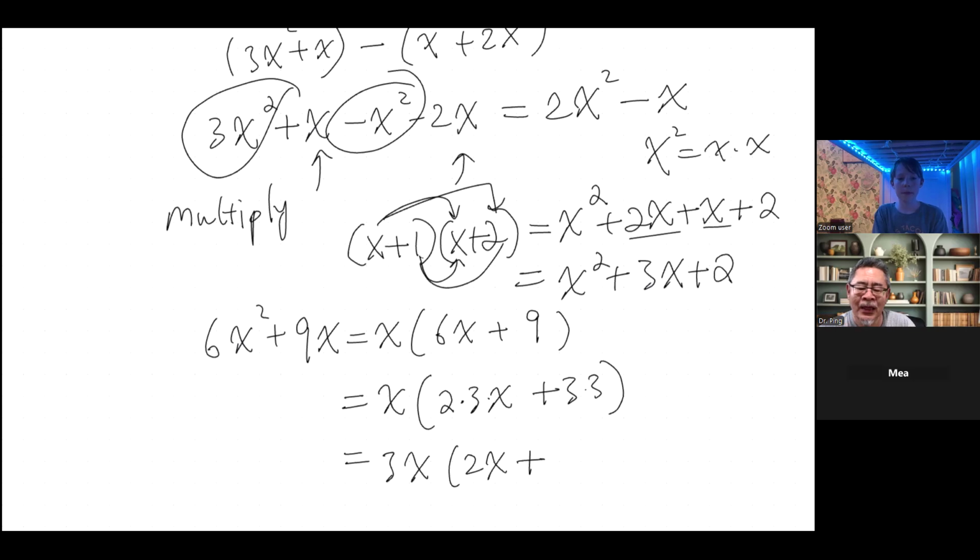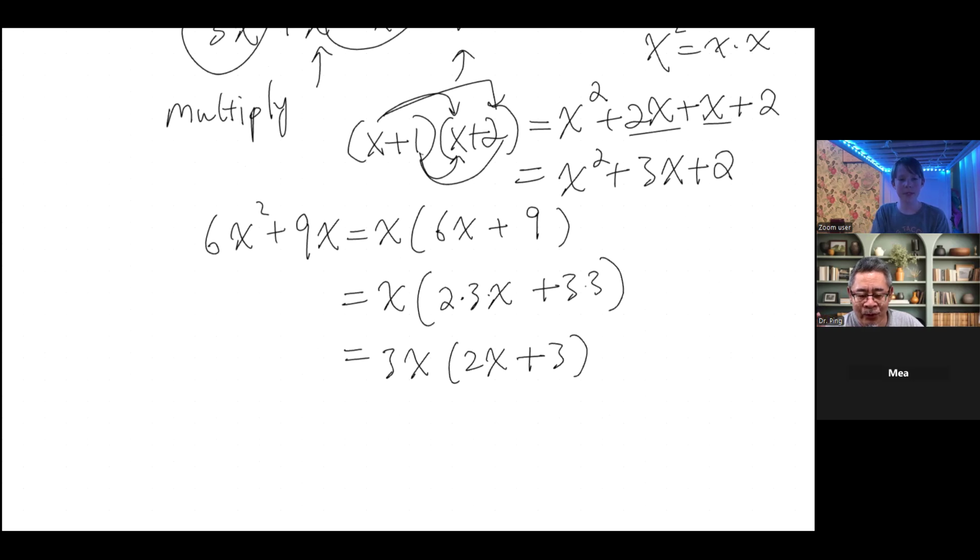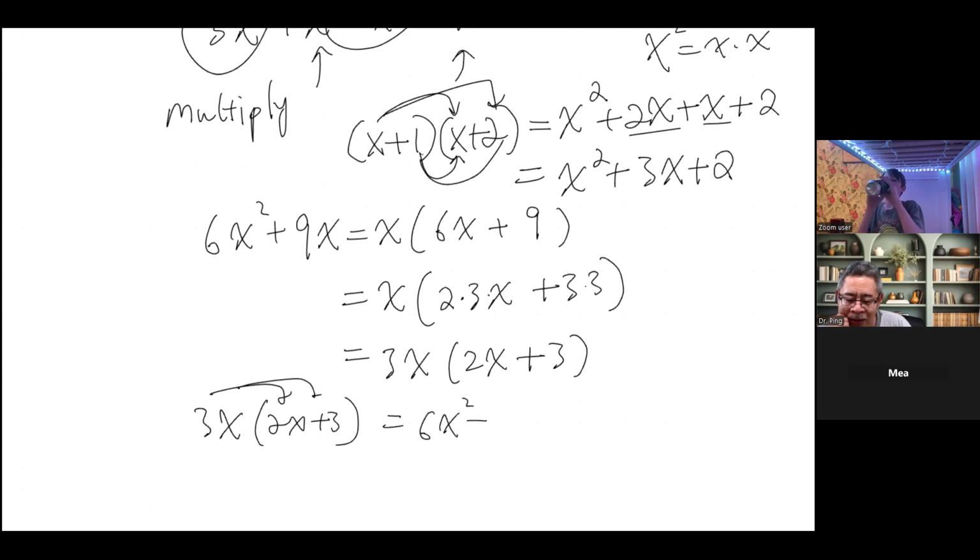So this is kind of the reverse way of distributing. If we distribute 3x times 2x plus 3, that gives us 6x squared plus 9x. That's called the distributive property.